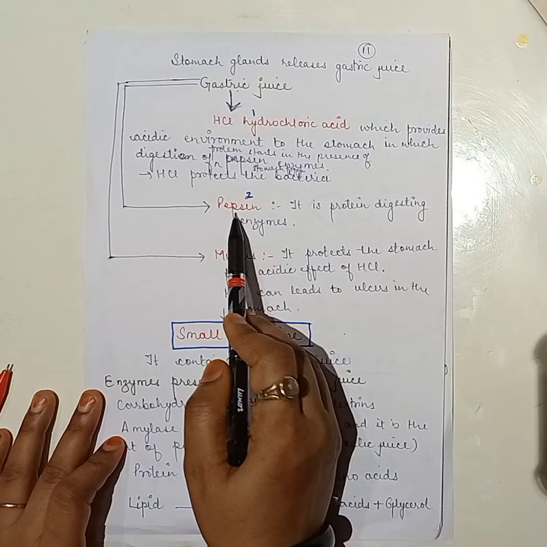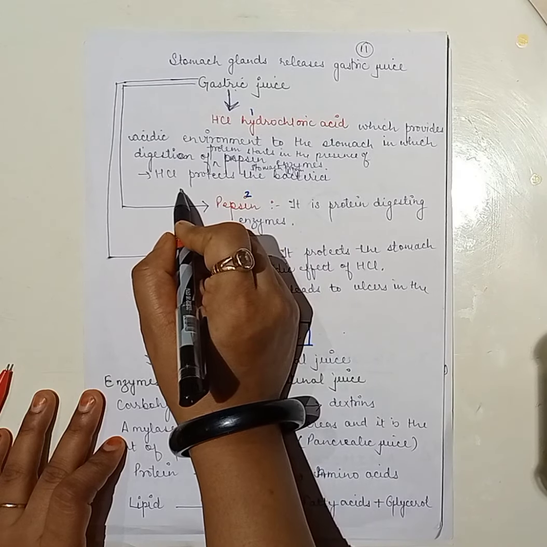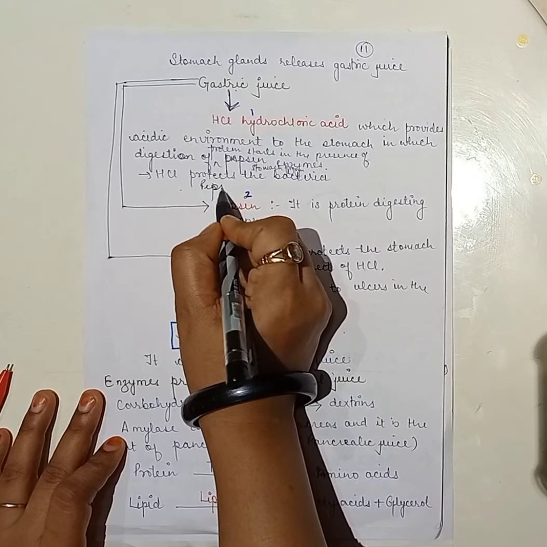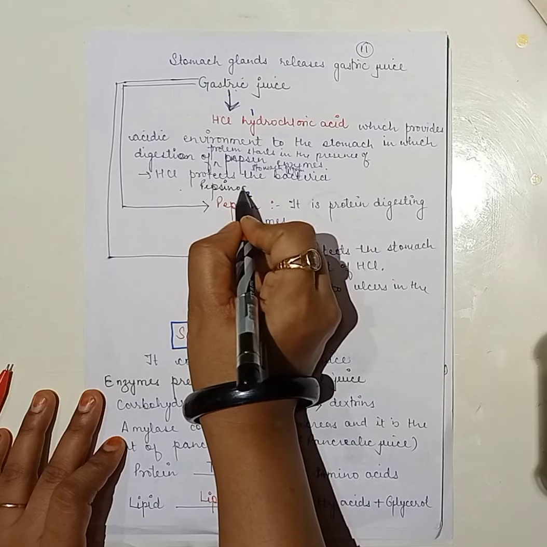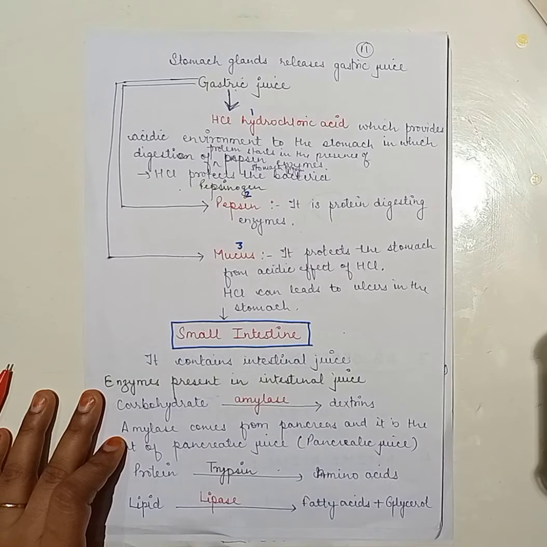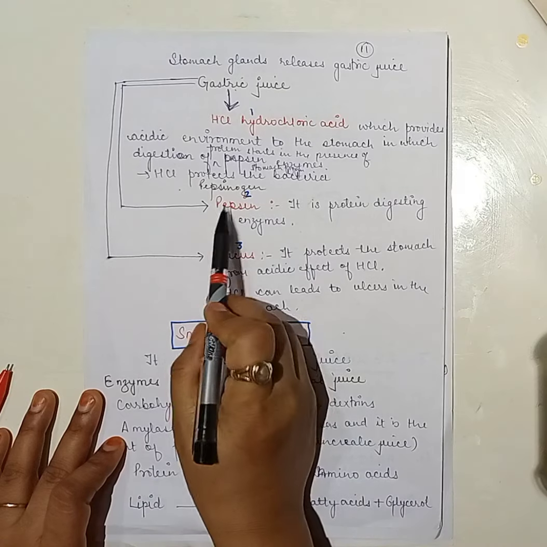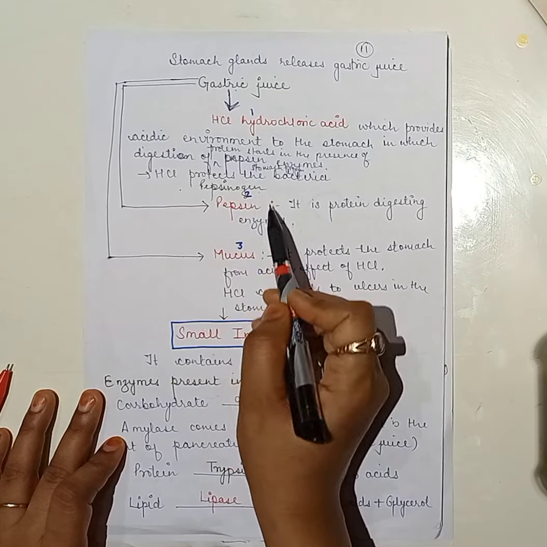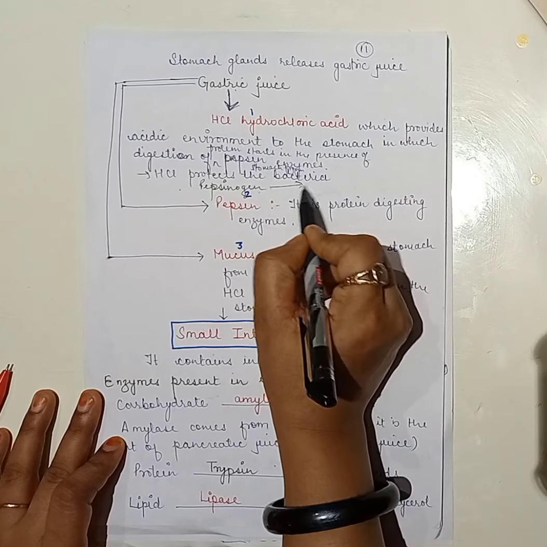Second is pepsin. Here in the stomach, pepsin is present in an inactive form called pepsinogen, and in the presence of HCl, this pepsinogen is converted into pepsin.